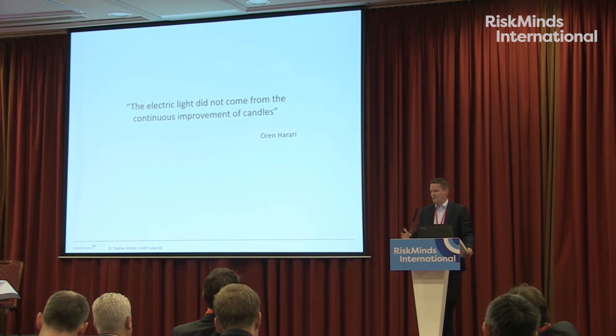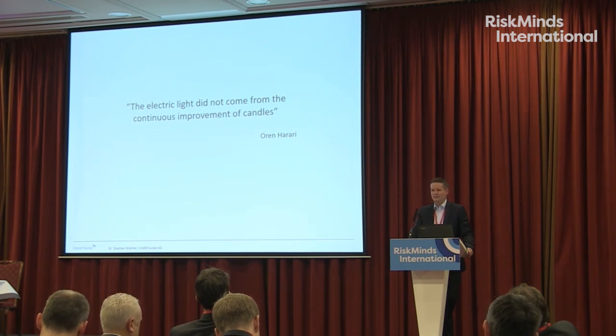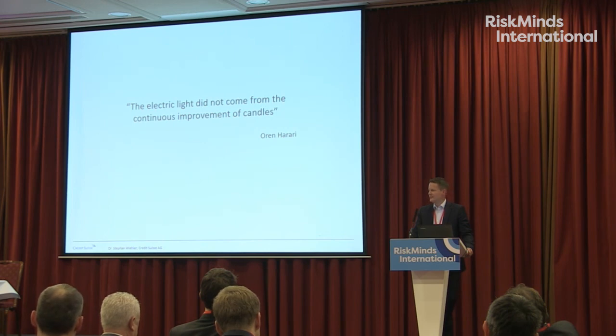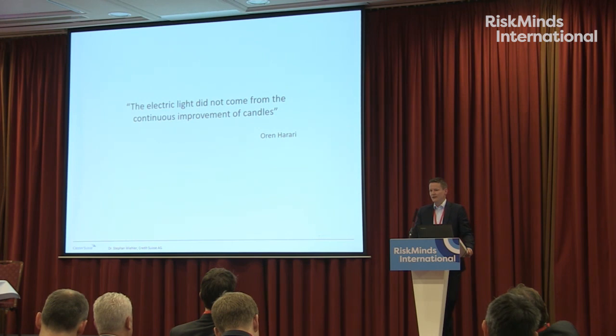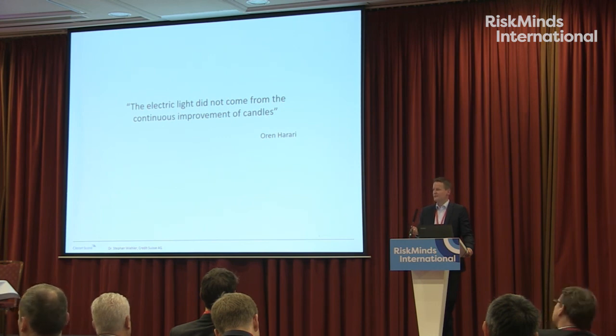And one example of improving candles is our incentive schemes, right? Deferred payments. Yeah, it kind of resolves the problem a little, but it doesn't cut to the core. An example of electric light is risk leadership, right? Role models out there who make people feel comfortable when they take risk-sensitive decisions, and that is risk leadership.